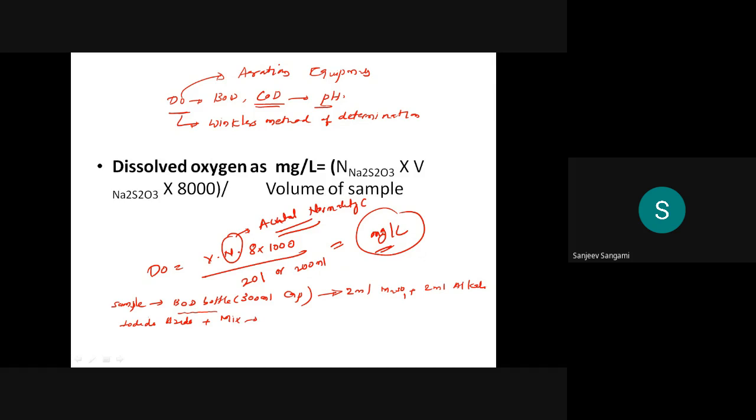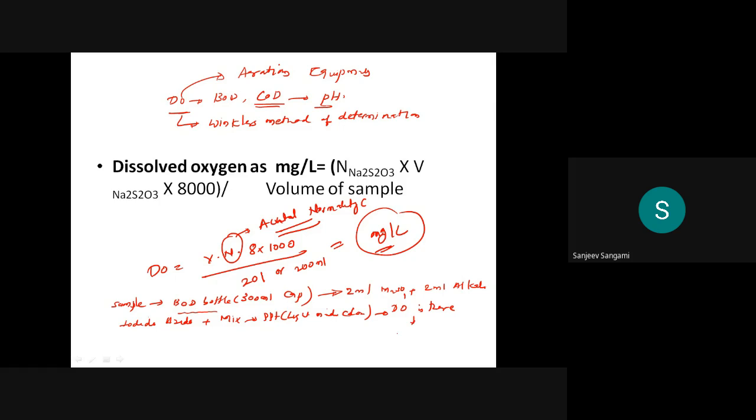So the precipitate is going to form. A very important thing is that if you get a light mud color precipitate, then DO is there.